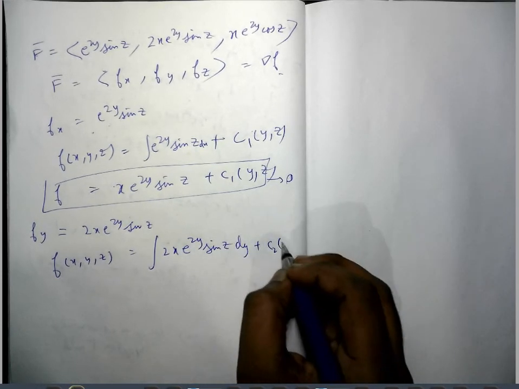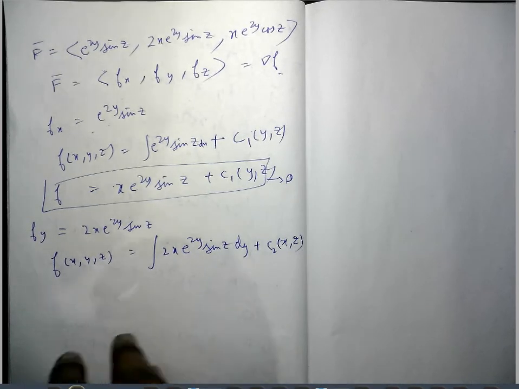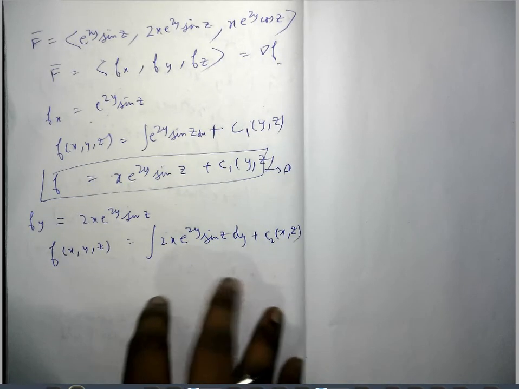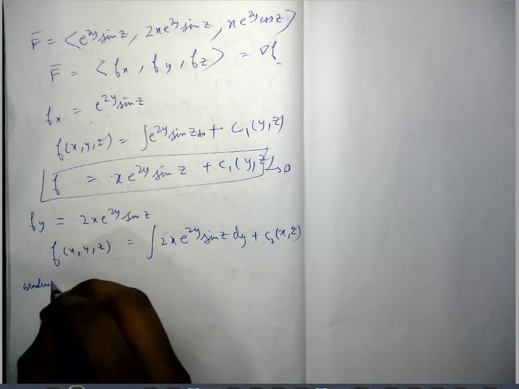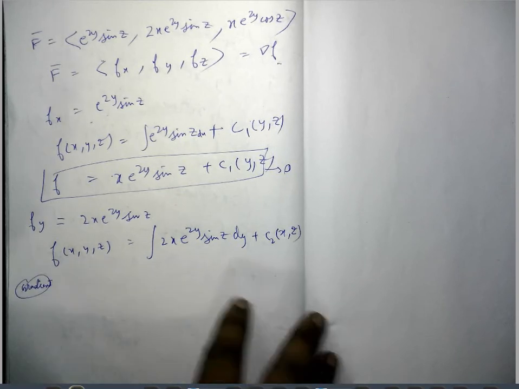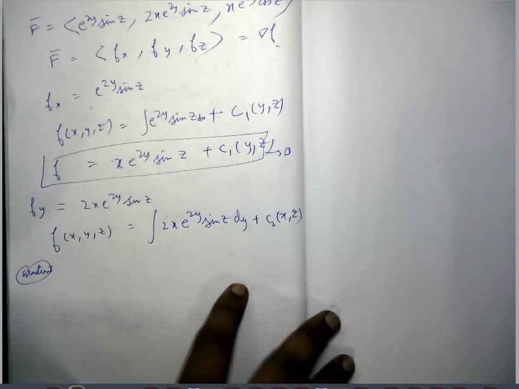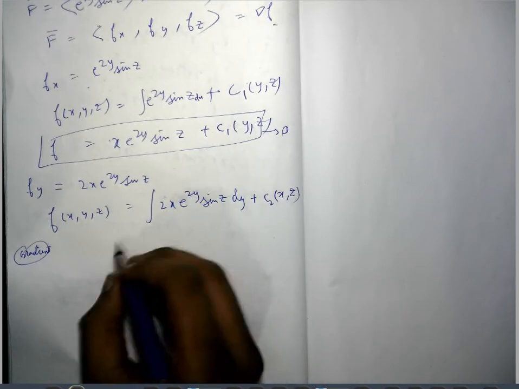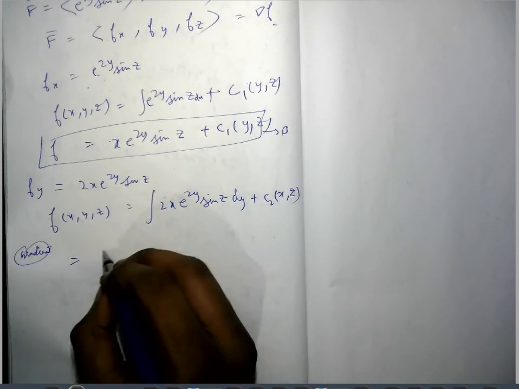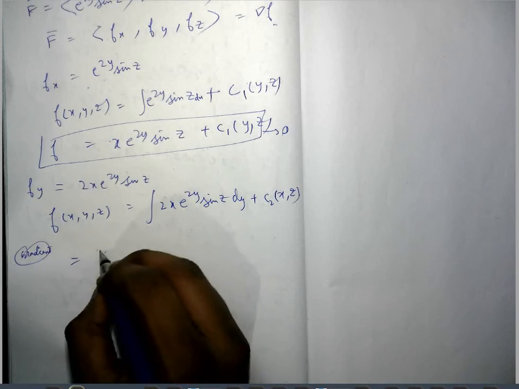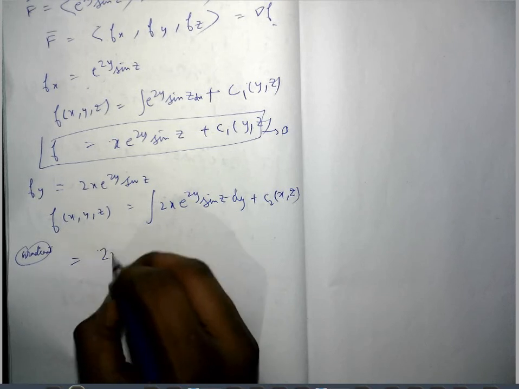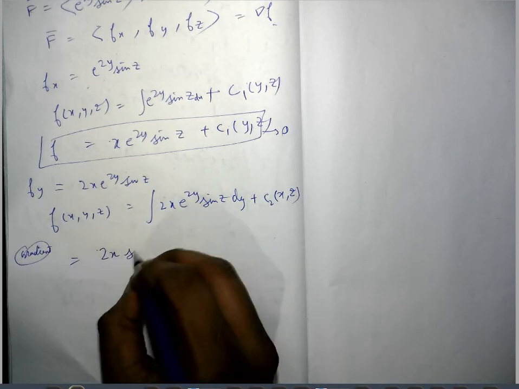I have done similar calculations and explained them in more detail in those videos. And if you still have any doubts, you can mail me. So this is equal to 2x sin z e to the power 2y by 2. So this is x sin z e to the power 2y plus some function of x and z.